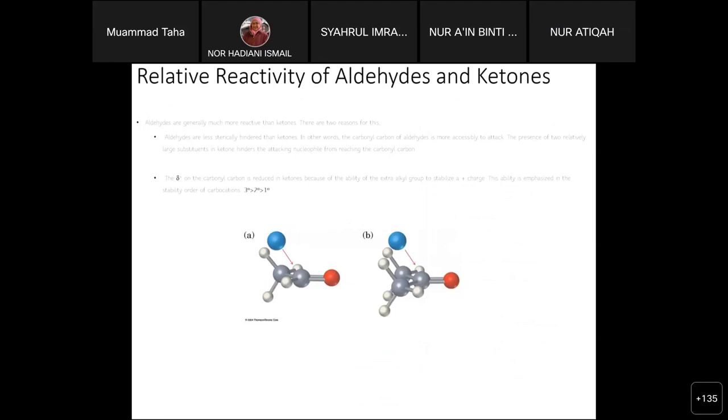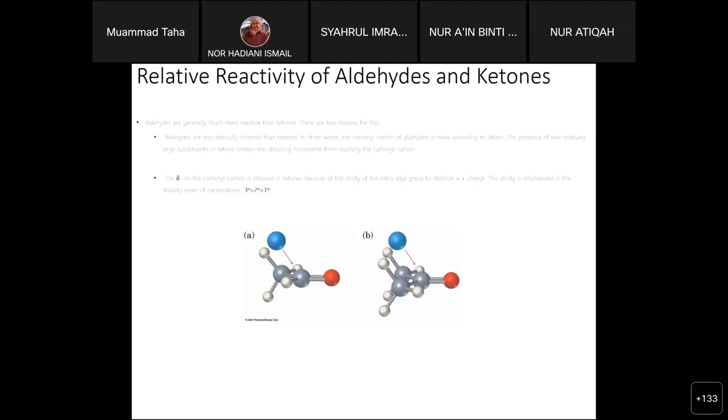So, reactivity of aldehydes and ketones. Always remember that aldehydes are more reactive compared to ketones. The reason is simple: the aldehyde has only one carbon group attached to the carbonyl carbon. In a ketone, you can see this is the carbon and this is the second carbon.